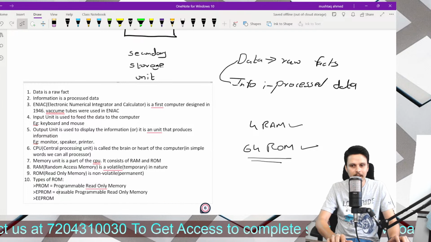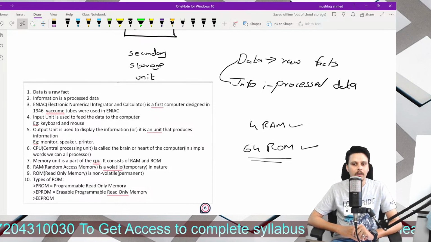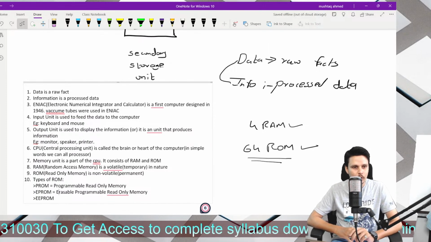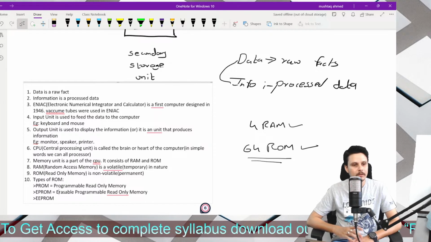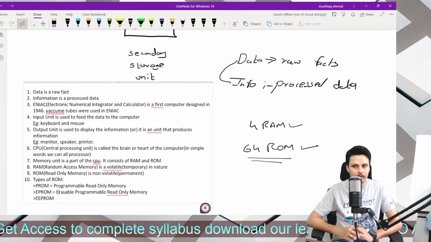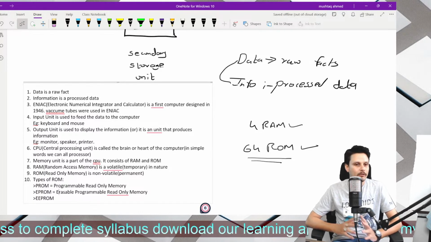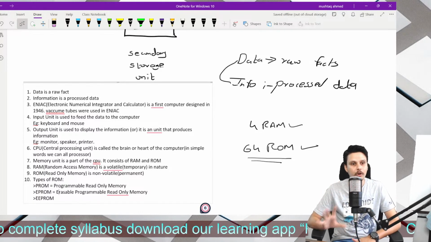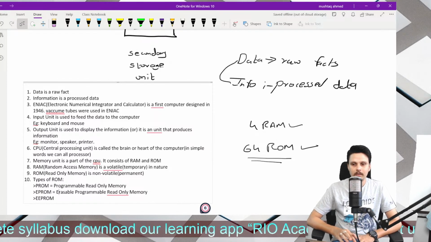Erasable means we can erase some programs. At the time of manufacturing the ROM, some programs are installed in it, and we cannot delete them.